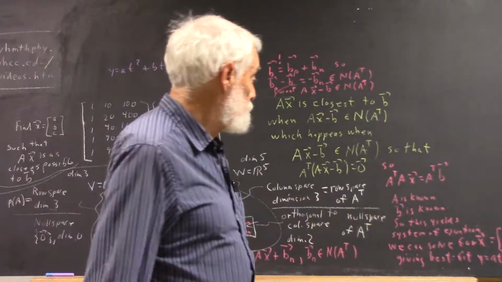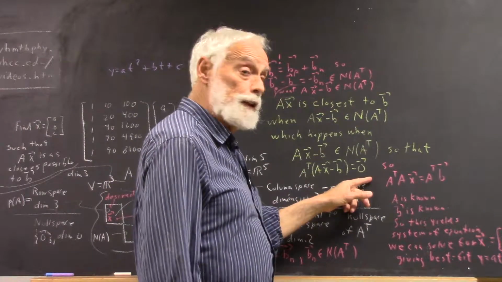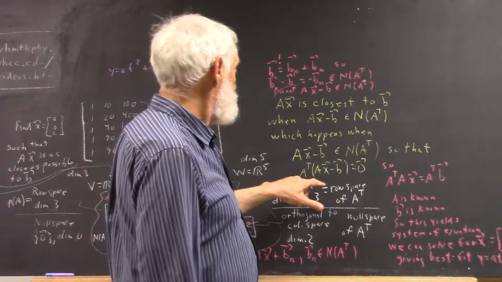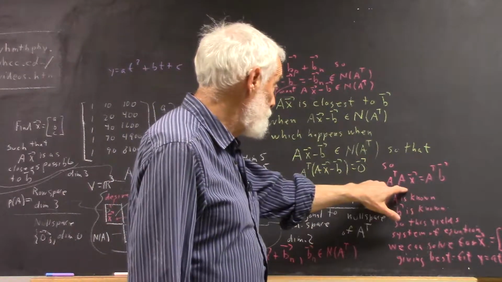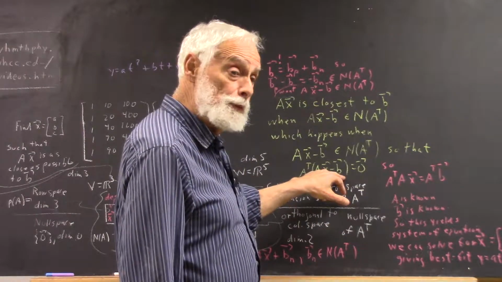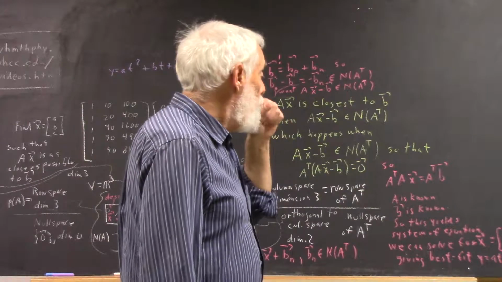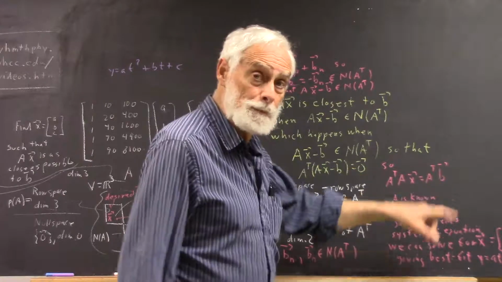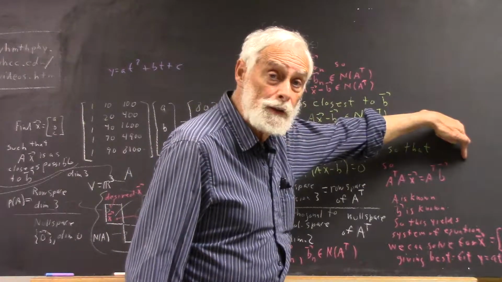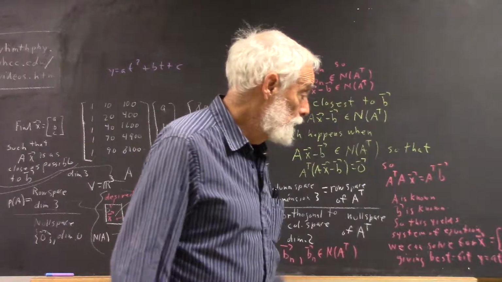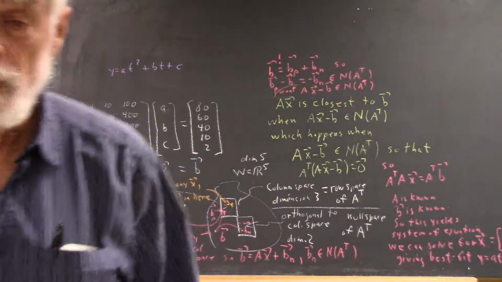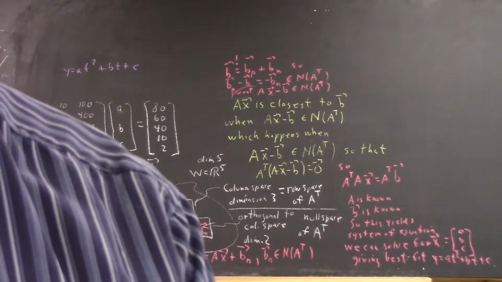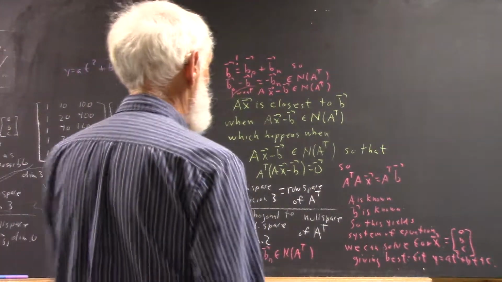Okay, let's go through how we solve it. By distributivity of matrix multiplication, this is just A transpose times AX minus A transpose times B that has to equal the zero vector, meaning that A transpose times AX is A transpose times B. Now, let me shift the camera slightly so we can see everything that's been written out here toward the bottom.